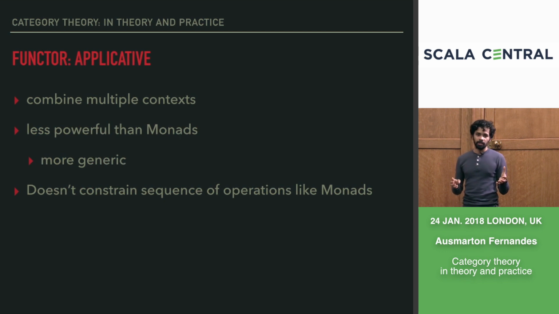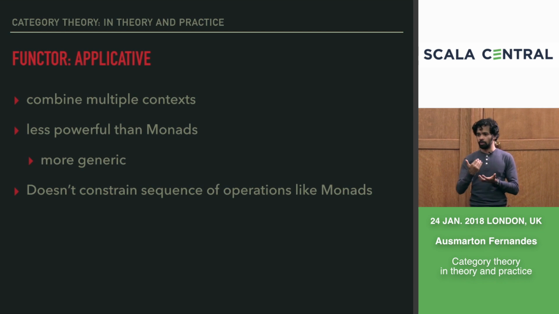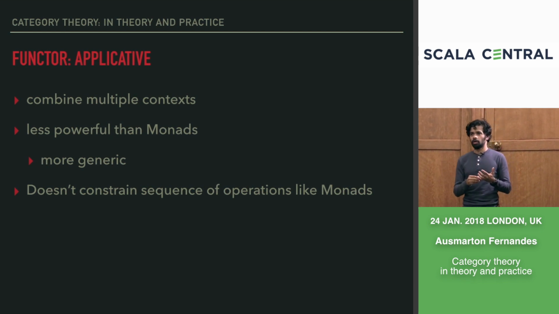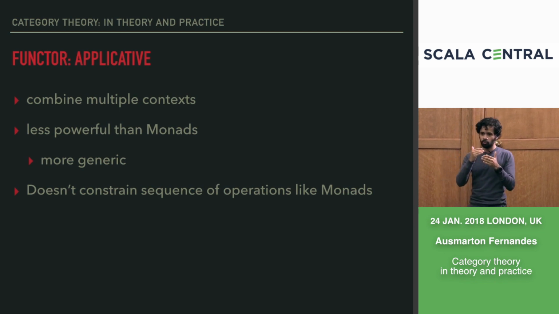This is very useful when we are trying to do form validation. If you want to evaluate each of the contexts individually without breaking at the first failure, then with the other functors further down the chain, like monads, they tend to preserve the sequence in which the operations are chained.